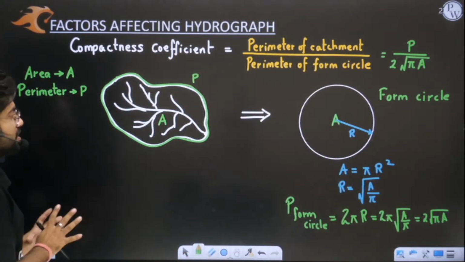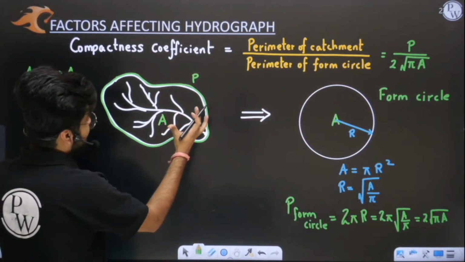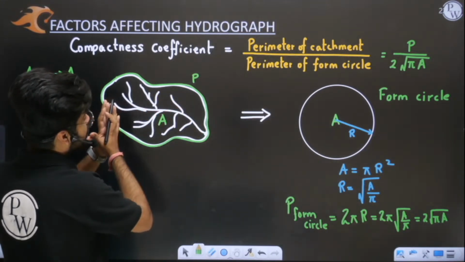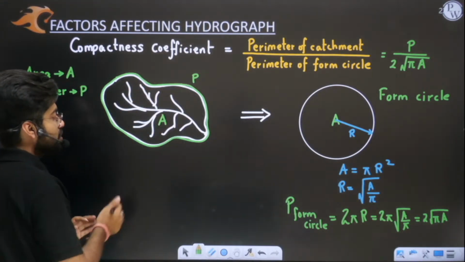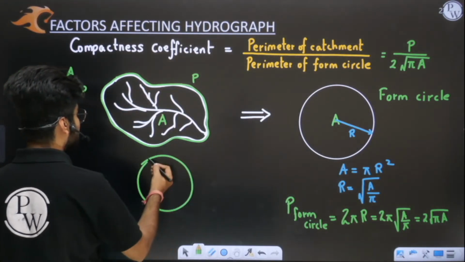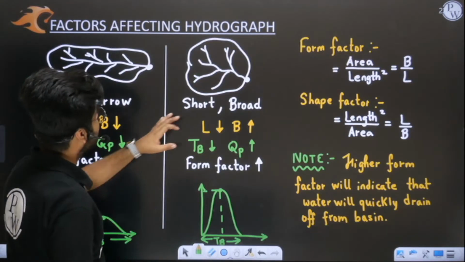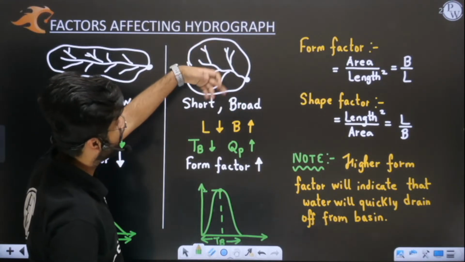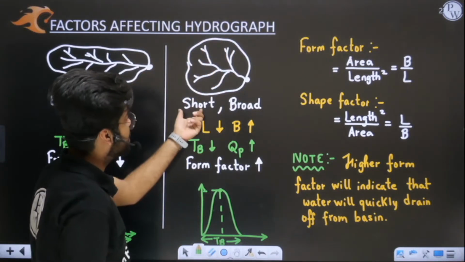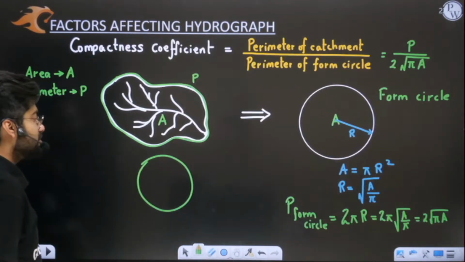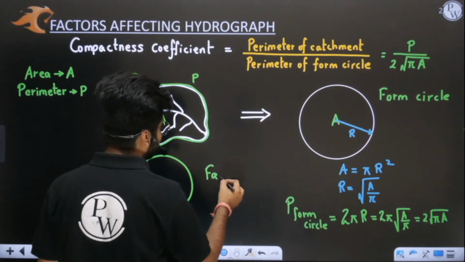Basically you need to understand that the compactness coefficient indicates how compactly your catchment is distributed. If your catchment area is more of a circular shape, or short and broad, more of a fan shaped catchment, all these are one and the same.